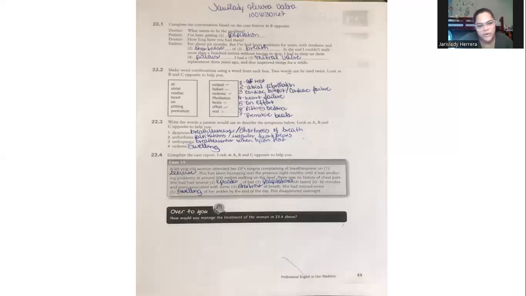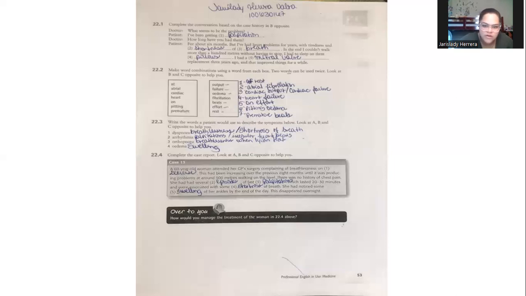Complete the case report. Case 30. A 60 year old woman attended her GP surgery complaining of breathlessness on exercise. This had been increasing over the previous 8 months until it was producing problems at around 500 meters walking on the level.